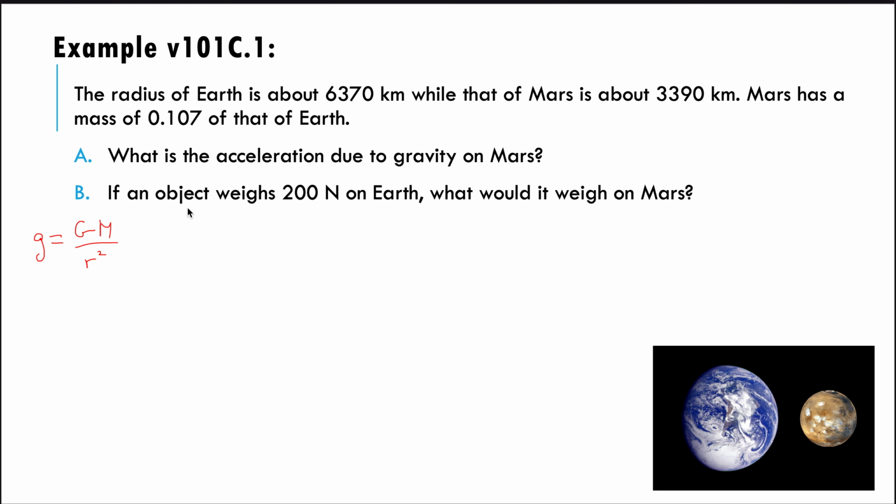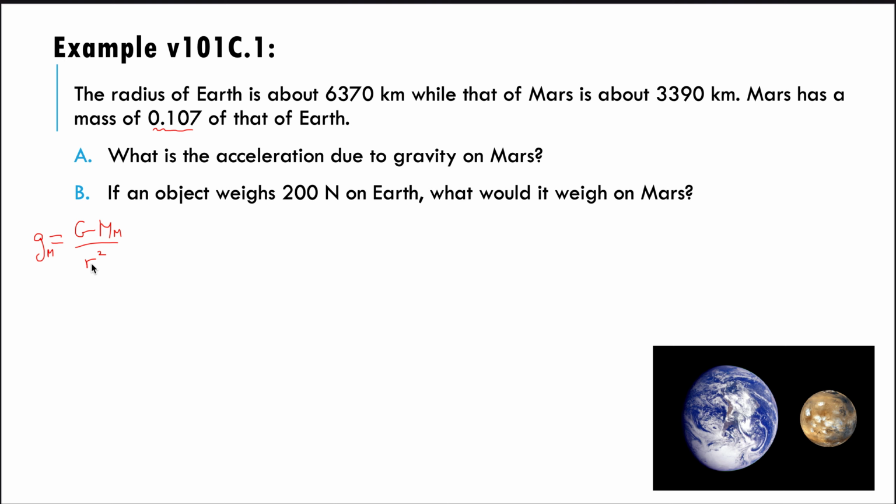In this case, we're not given the mass of Mars, but we are given that it is 0.107 of that of Earth. If we're trying to find g on Mars, let's use little subscripts here. So g on Mars is big G, mass of Mars, and radius of Mars, right?